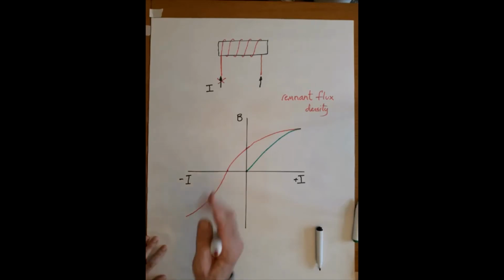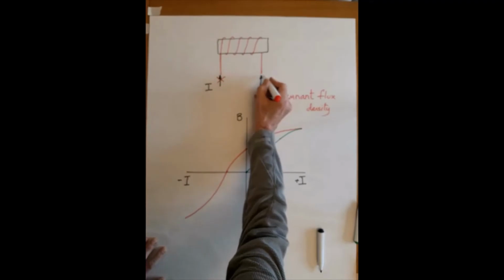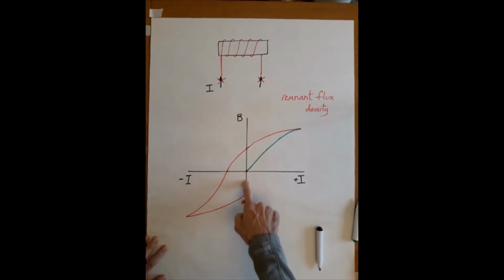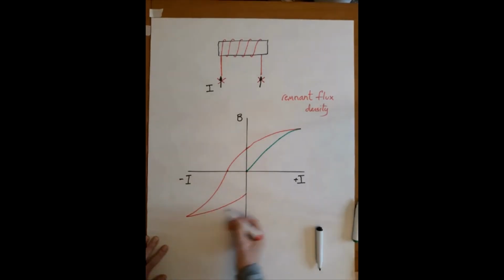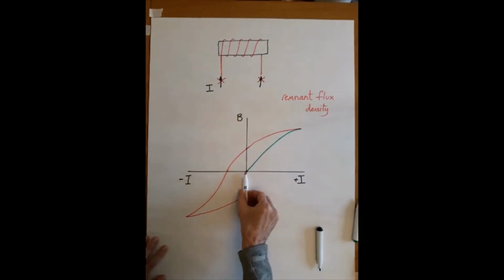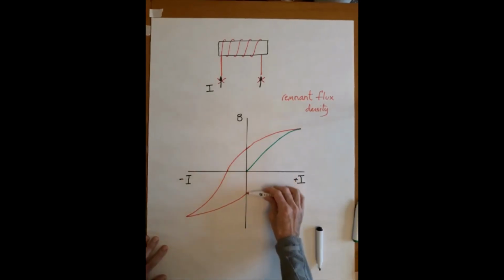Once again, if I turn the supply off, there is still going to be some residual magnetism, and that's shown by this area on this characteristic. We have no current flowing, here's the current line, that is 0 current there, but we have flux density.